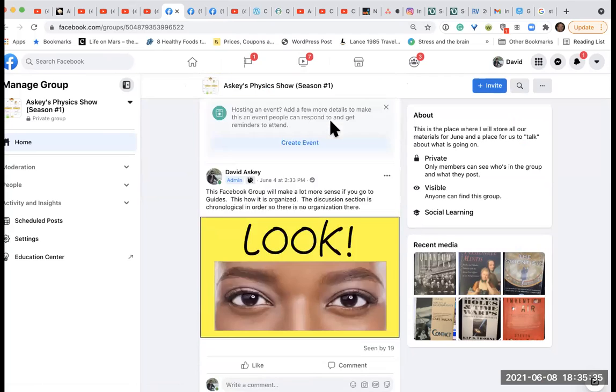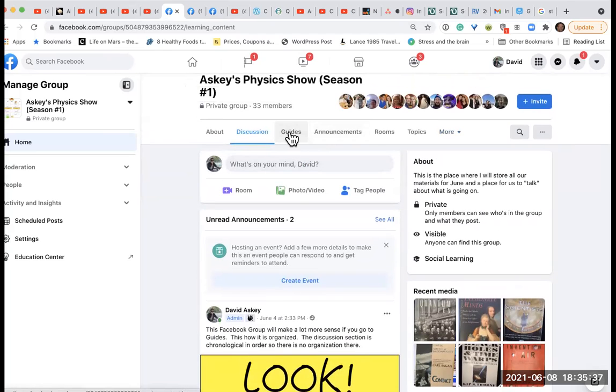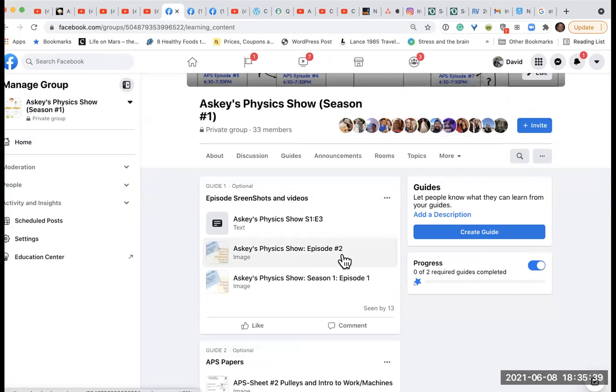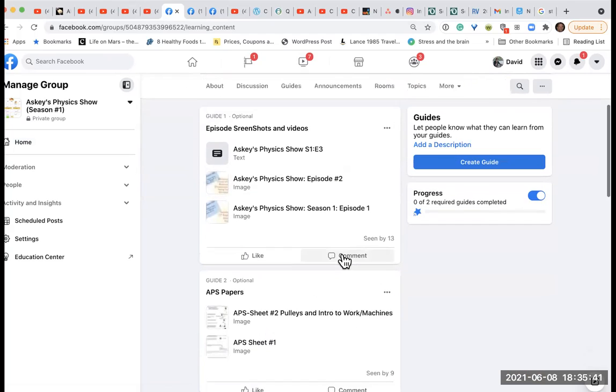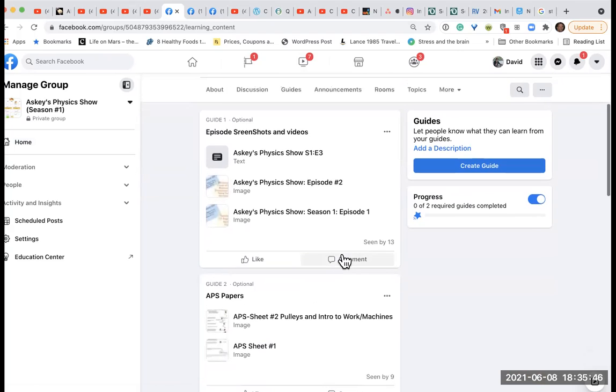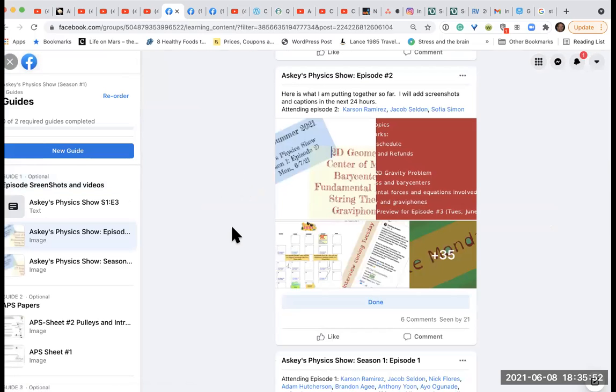All right, so let's go to guides. And there's 2 new guides. The first one, of course, all these say optional because nothing's required here. But the first guide is the one you'd go to the most. That's the screenshots, as you know. There's yesterday's. Brandon missed yesterday, so he could go here and see what happened.